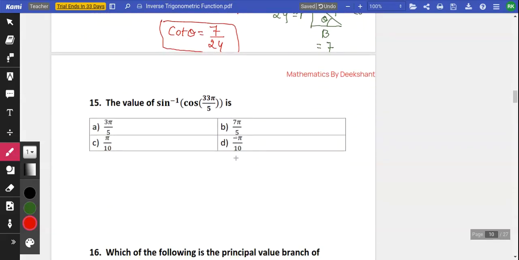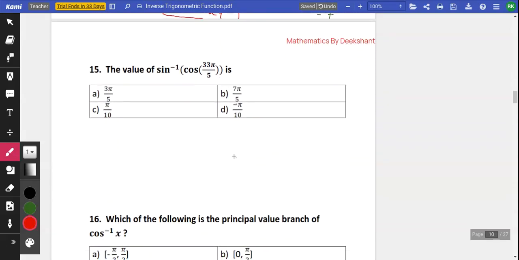In 15th question, find the value of sine inverse cos 33 pi by 5. 33 pi by 5 can be written as 6 pi plus 3 pi by 5.